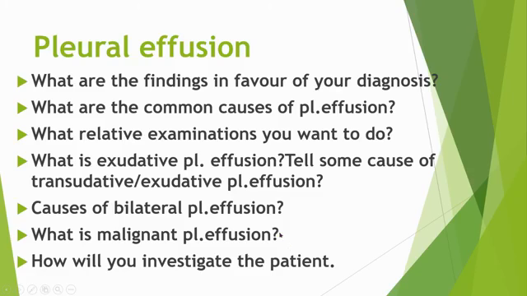How will you confirm tuberculosis by biopsy? If the biopsy shows tuberculoma, then it is tuberculosis. And if there is malignant cell, it is malignancy. This is how we proceed with pleural effusion.